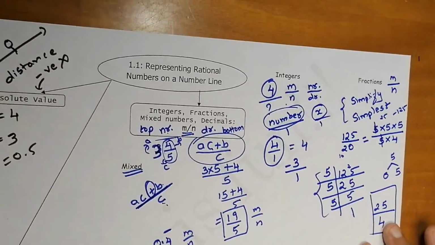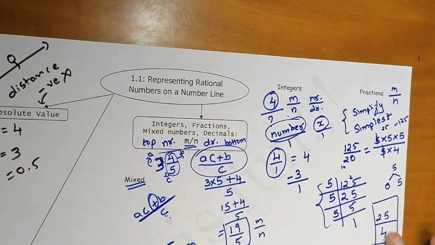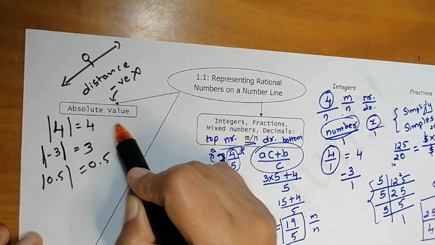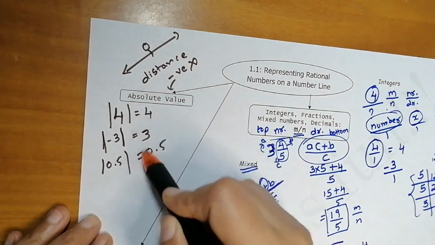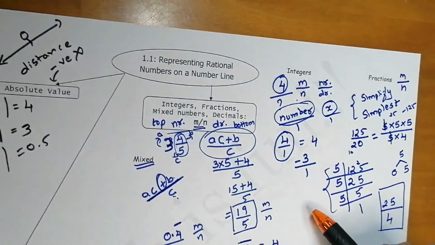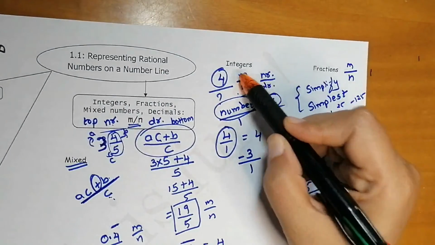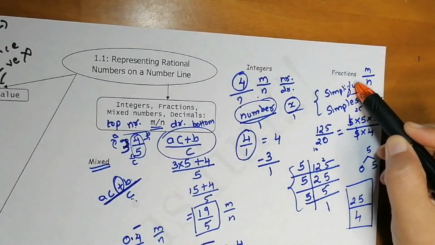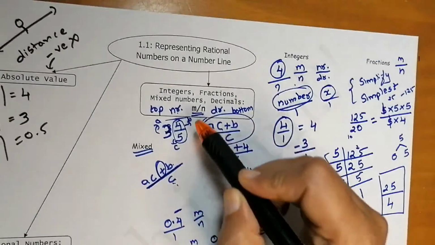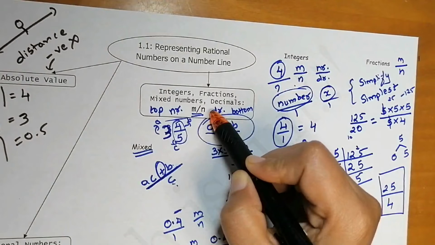So this chapter is done. The 3 things that we need to do here are pretty simple and straightforward. First, the absolute value, as we said, which is never negative. It is always positive because distance is never negative. Then we saw how to convert integers, fractions, mixed numbers, and decimals into m/n format, right?